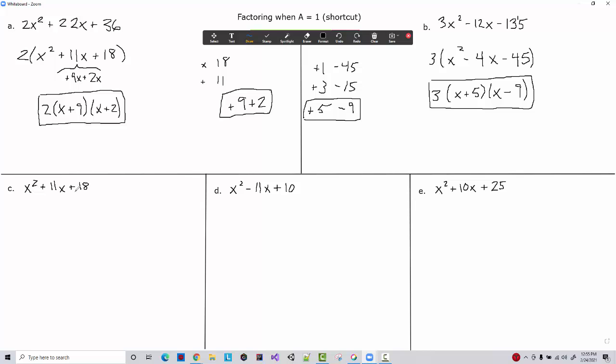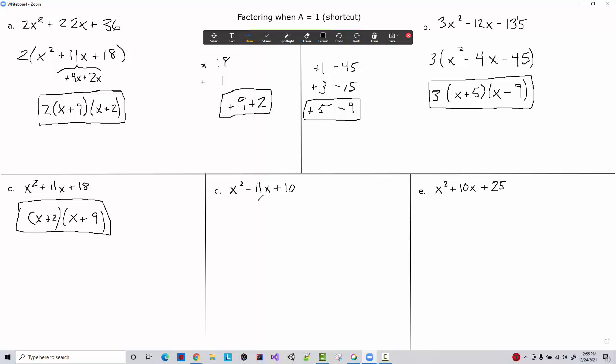Now, once you get better at this, you don't even need to sit here and work this out. We have 18. What multiplies to give me 18 and adds to give me 11? Well, that's 2 and 9. So this is just x plus 2 times x plus 9.